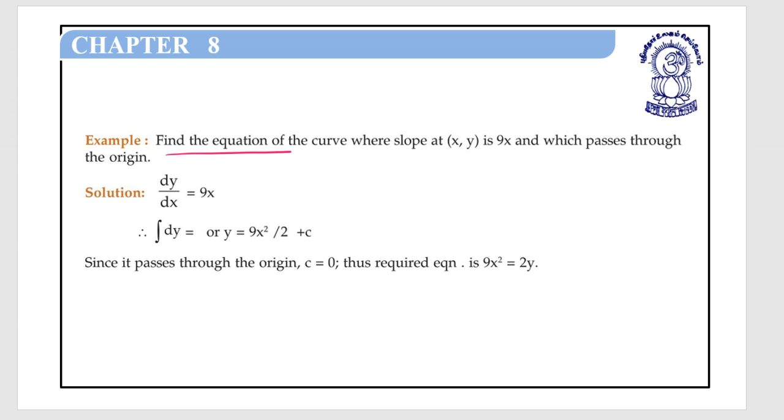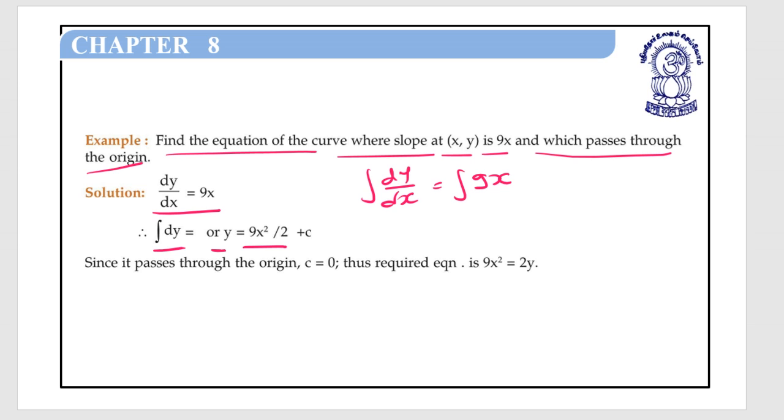Example, find the equation of the curve where the slope at x, y is 9x and which passes through the origin. So dy by dx is equal to 9x. So integration of dy is equal to y is equal to 9x square by 2. Take both side integration, dy by dx is equal to integration of 9x. So integration and dy cancel.